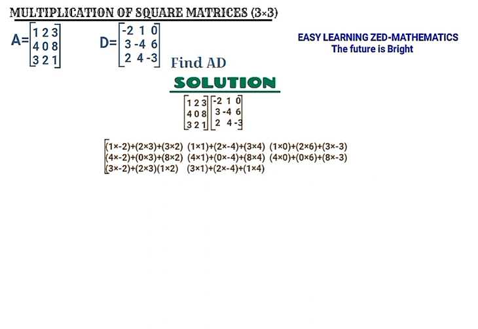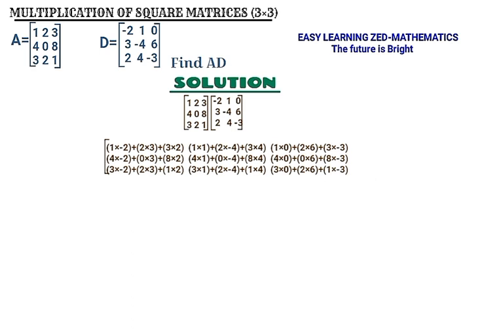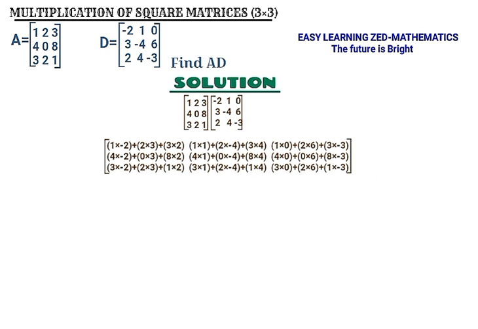Then I'm going to go into the third column, where I'm going to multiply 3 by 0, then 2 by 6, then 1 by negative 3. Then I'm going to close the bracket, the whole bigger matrix enclosed in that bigger bracket.